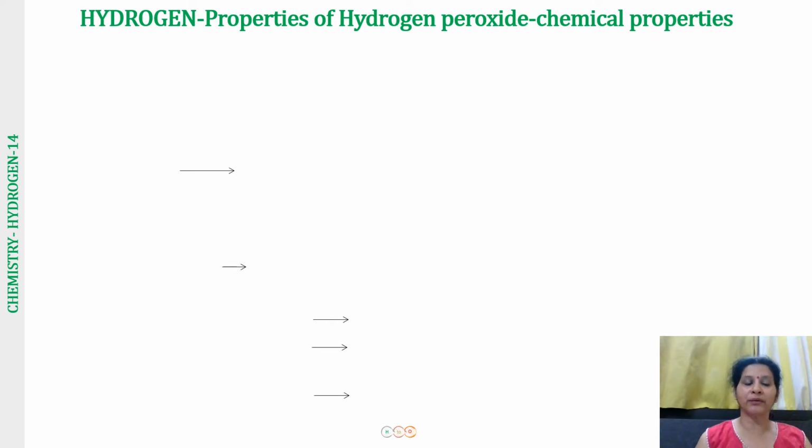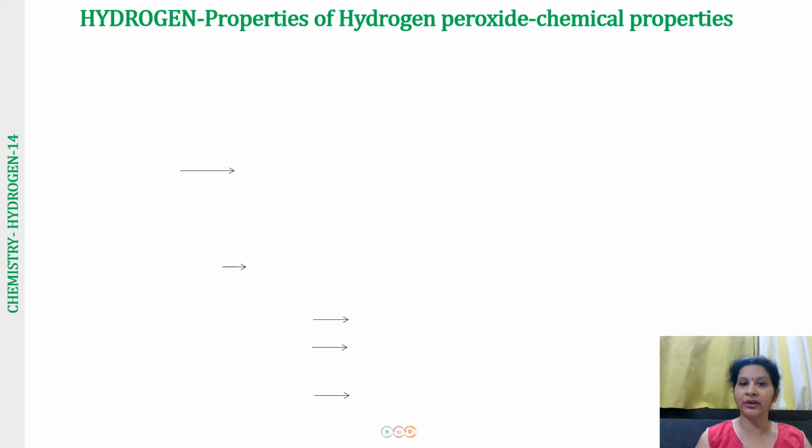Okay, so what we will be seeing is that hydrogen peroxide can act as a reducing agent as well as an oxidizing agent, in acidic media as well as in basic media. Please do remember this because this has come many times in the examination, that hydrogen peroxide acts as an oxidizing agent as well as a reducing agent both in acidic media as well as in basic media.